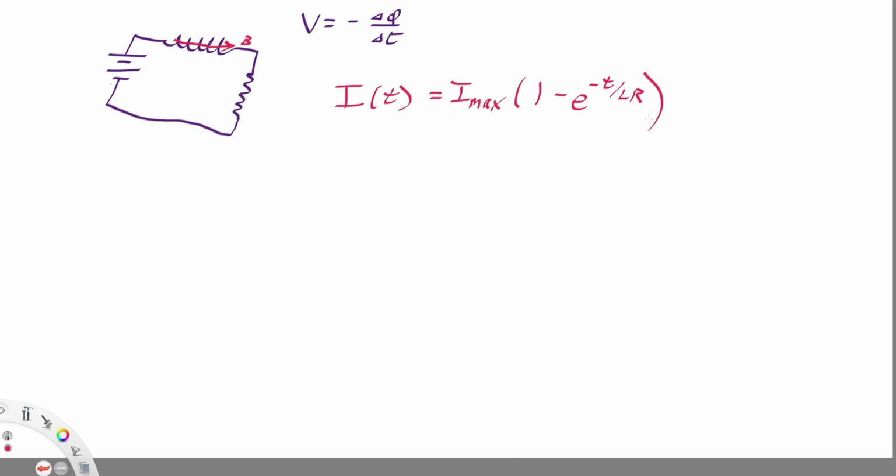For a capacitor, it takes time to change the voltage on the capacitor. And for an inductor, it takes time to change the current. And this is charging.